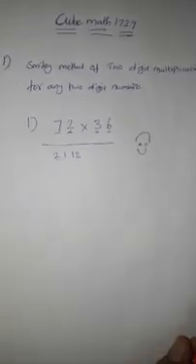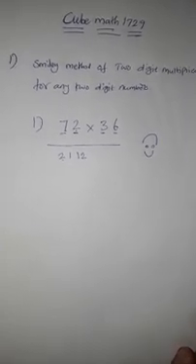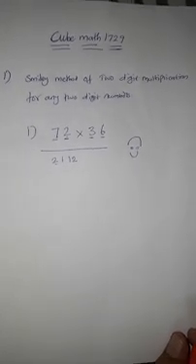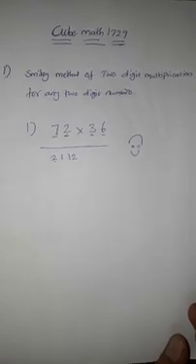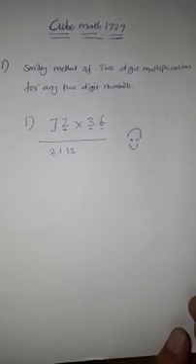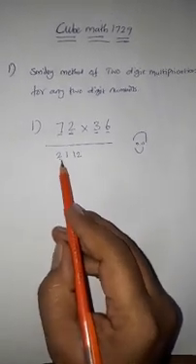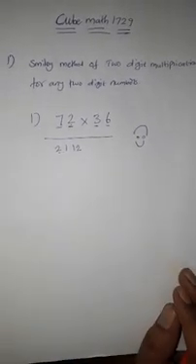For example, 3 into 2. At that time we will get 6, no? So 6 is a single digit result. You should not consider it as a single digit result. You have to make it a two digit result. How to make it? By adding 0 padding. 0 padding means before the number you have to add 0. For this problem there is no problem. Both numbers we are getting as two digit results, 21 and 12.